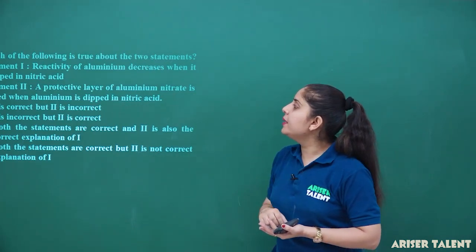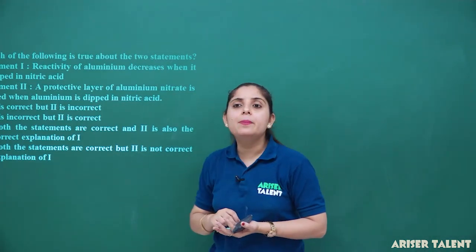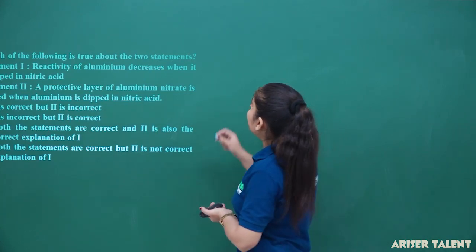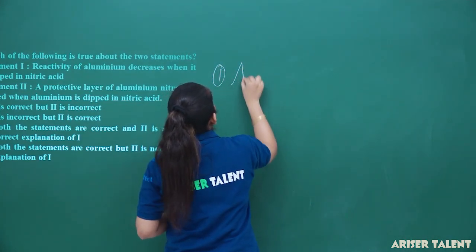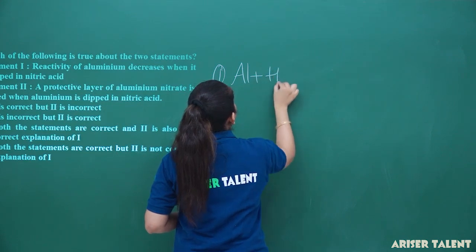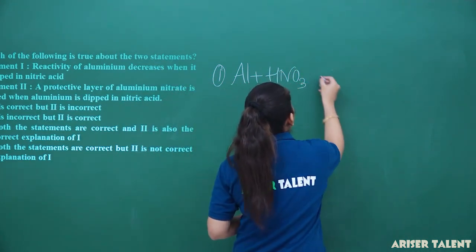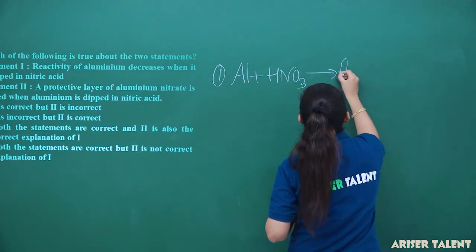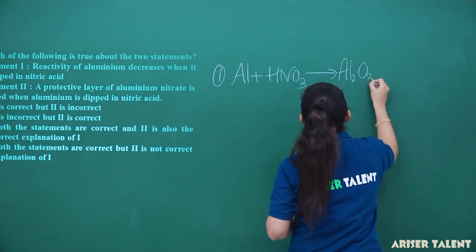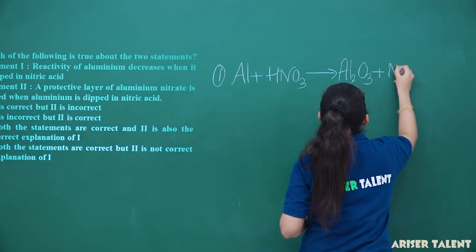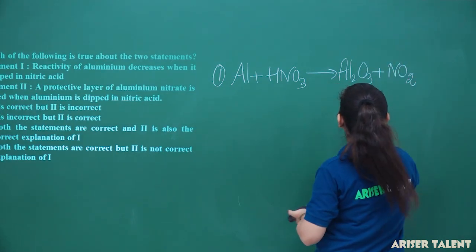Reactivity of aluminium decreases when it is dipped in nitric acid. So what we are doing here, aluminium is dipped in nitric acid. Nitric acid has the formula HNO3. And what product are we getting here? We are getting aluminium oxide along with NO2.